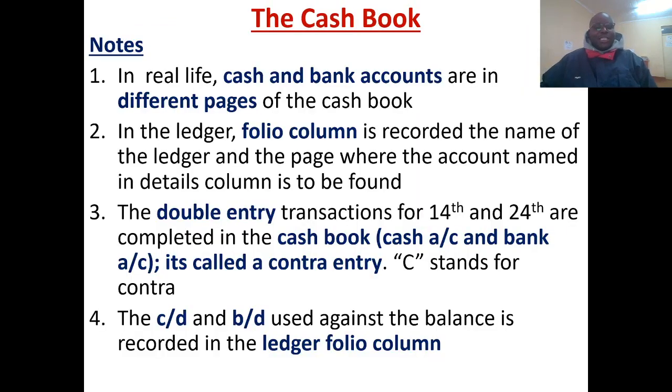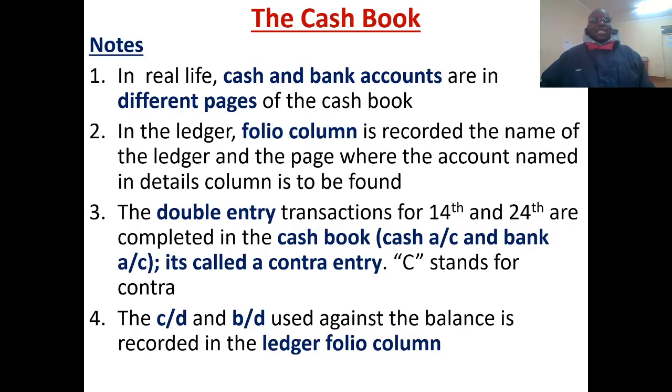The double entry transaction for 14th and 24th are completed in the cash book, that is the cash account and bank account, and not in another account. And these are accounts that deal with money or cash inflows and outflows. This is called a contra entry. No money is given out to others and no money is being received from others, but within the business.